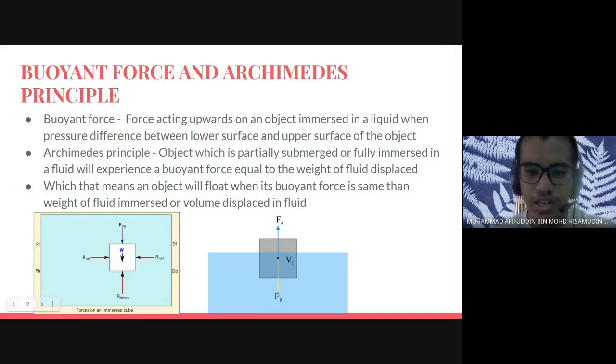It is different from the Archimedes principle, which is that the buoyant force acting upward and the weight of the object acting downward are equal, causing the object to float on the surface of the liquid.